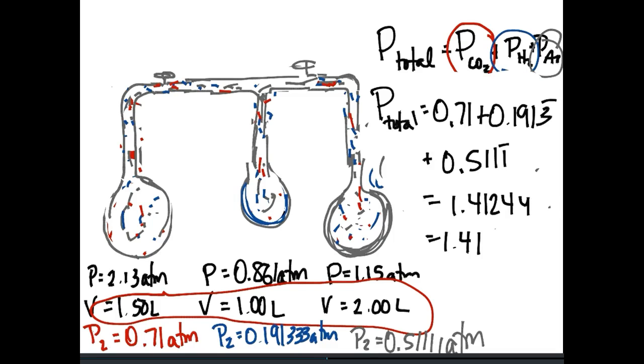So 0.71 plus 0.1913 plus 0.5111 gives me 1.412, which rounds to 1.41 atmospheres. So that's the total pressure once we've added each of the individual partial pressures, and those we calculated in red and blue and gray at the bottom there. The pressure changes. The pressure should go down because each gas is allowed to occupy a larger container.